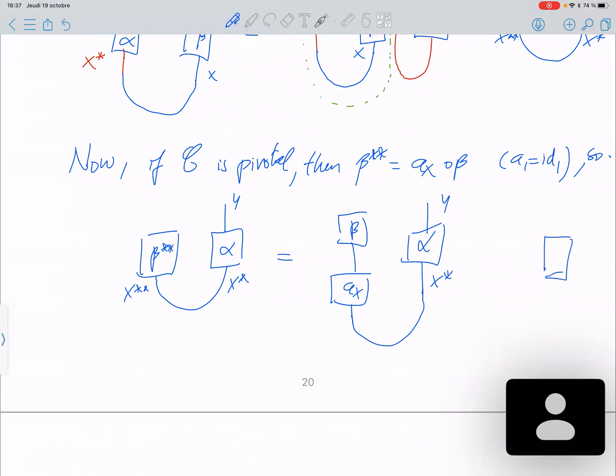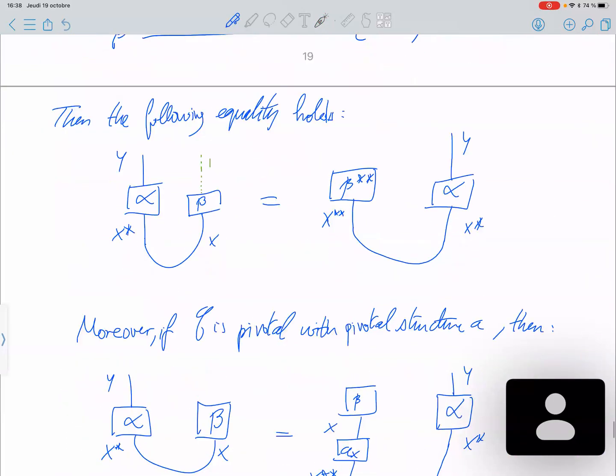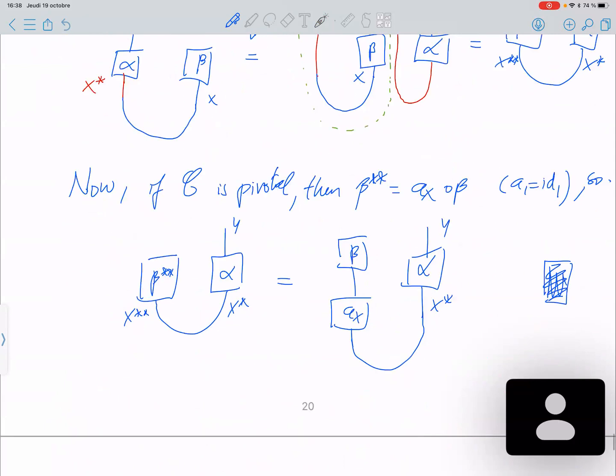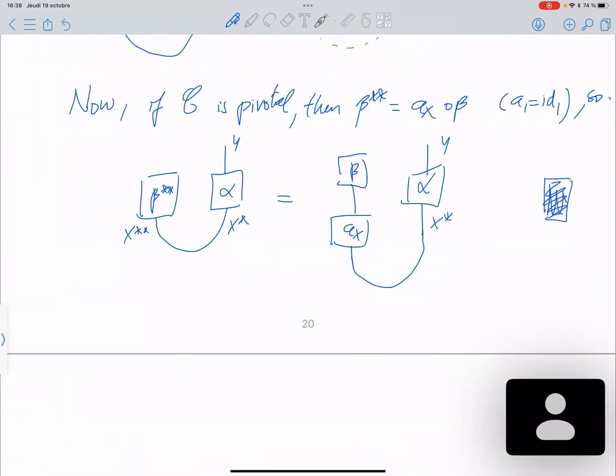And we're done. This is what we wanted to prove. Okay, so it's still very easy.